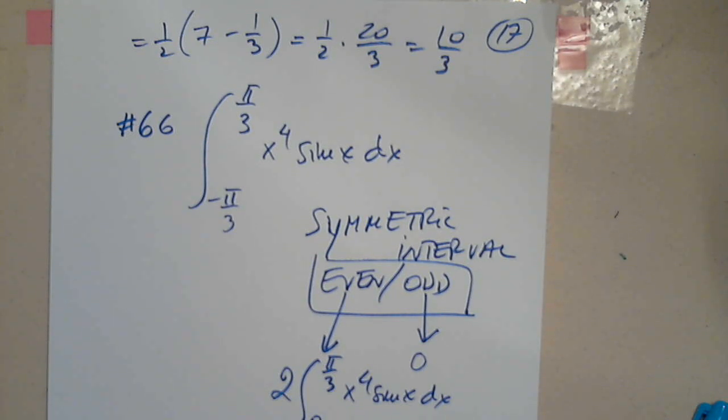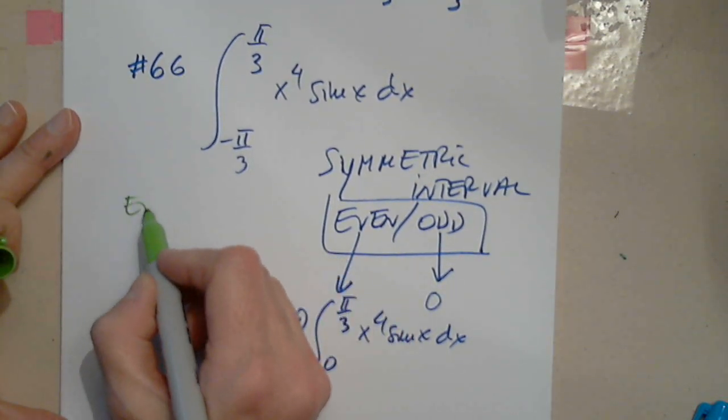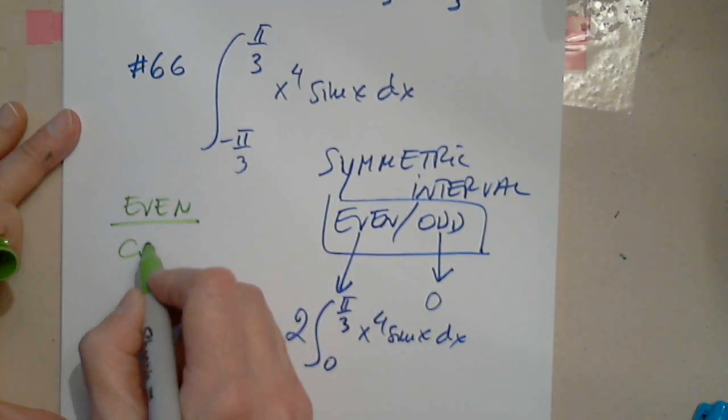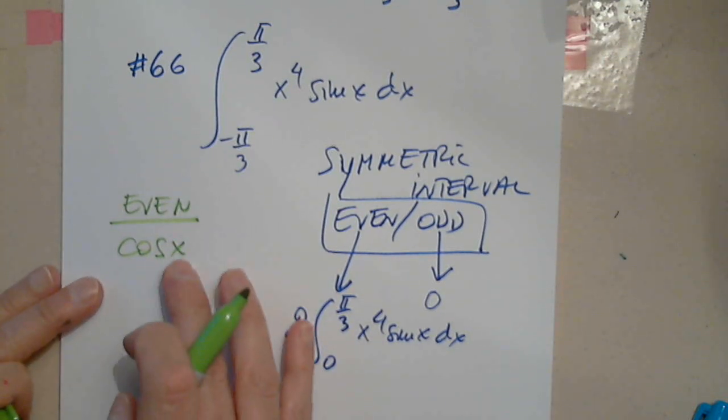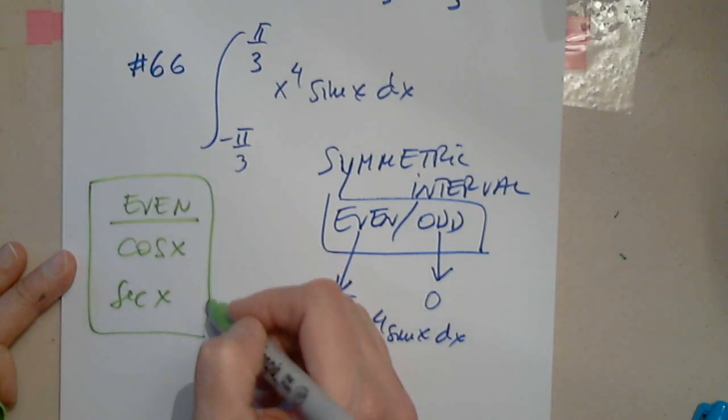Okay, so now, is the function odd or even? Well, there are only two trig functions that are even: cosine, and the other one that has only cosine in it, which is secant x. Only these two are even functions.